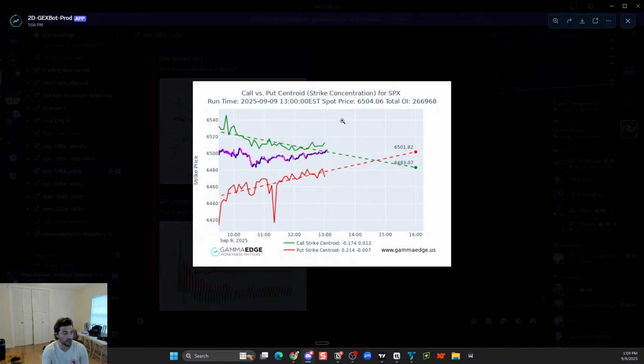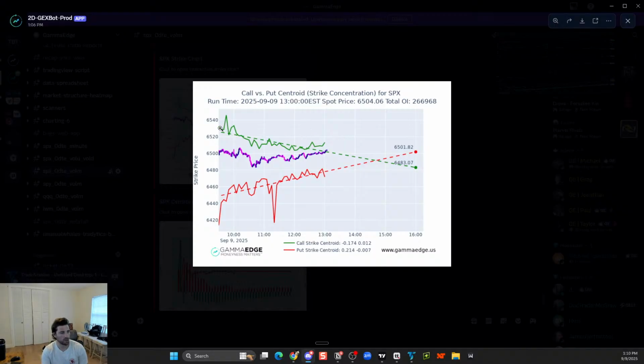If we want a continuation in the move higher, we need to see this angle of ascent in the call centroid continue. The call centroid is simply, on a 5-minute basis, we aggregate the call volume and put volume, find the middle of the distribution and plot that point, because that is representative of speculators' behavior.